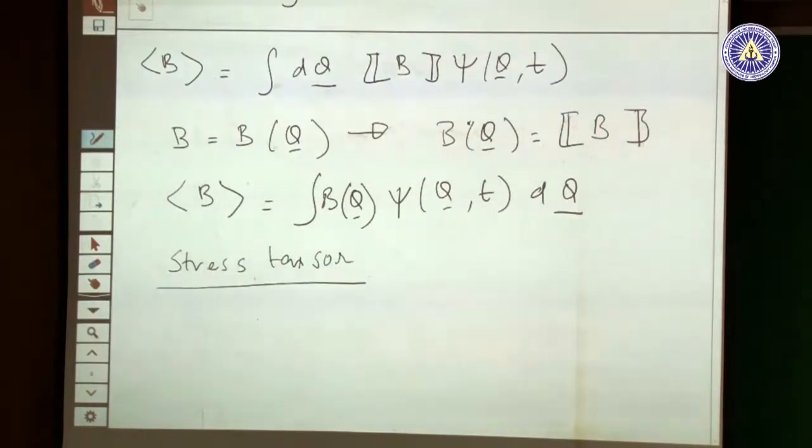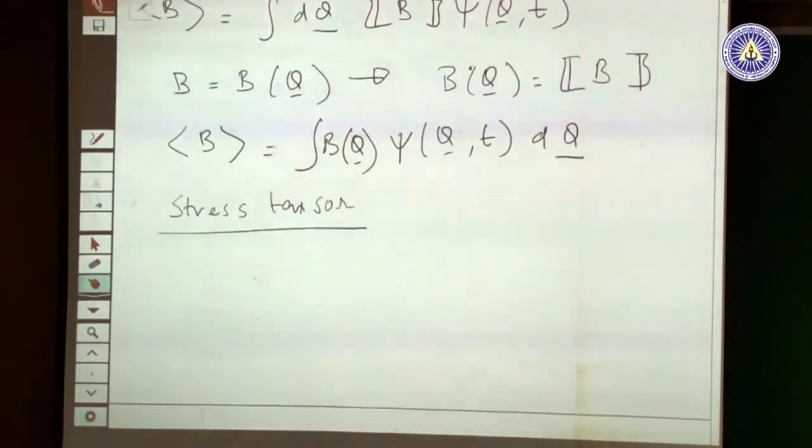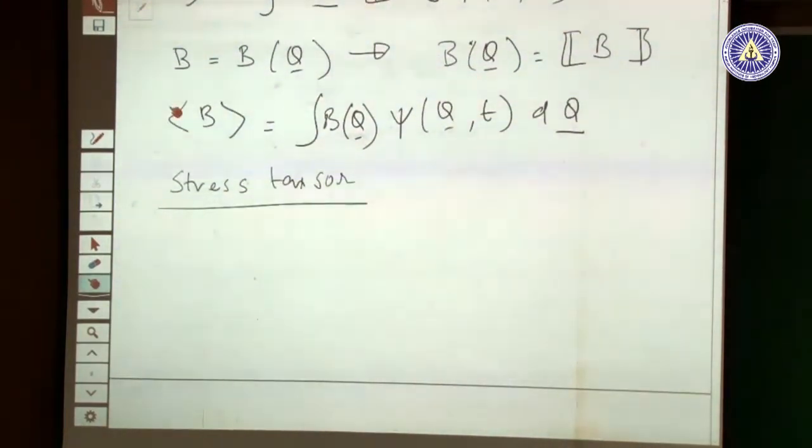Now I want to remind you of an important continuum mechanics result. As you are aware, what is the stress? The stress is force per unit area, right, and it is essentially a surface force. Now at a point, how many surfaces pass through a point? Infinite number of surfaces.